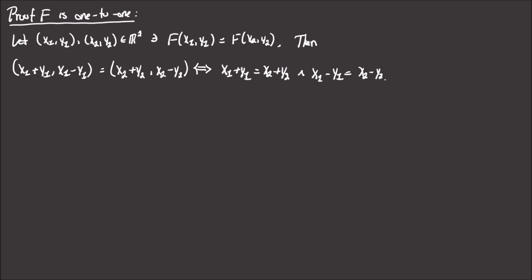Now, if we add these two equations together, we get 2x1, then y1 minus y1 is 0, equals 2x2.